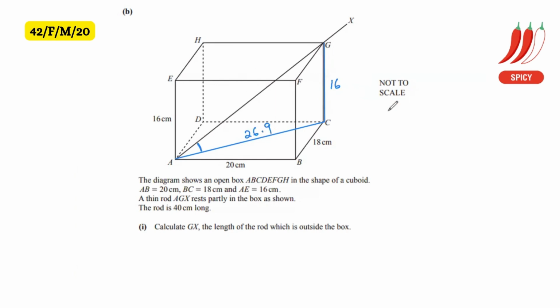So now to find this angle, we can use tangent. Tan theta equals opposite, which is 16, divided by the adjacent, which is 26.9. So theta would be tan inverse of 16 over 26.9. And that gives us 30.7 degrees. That is the angle which the rod makes with the base of the cuboid.